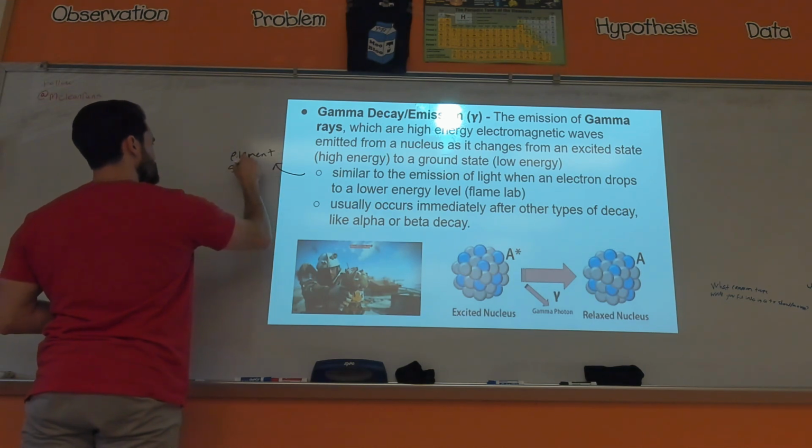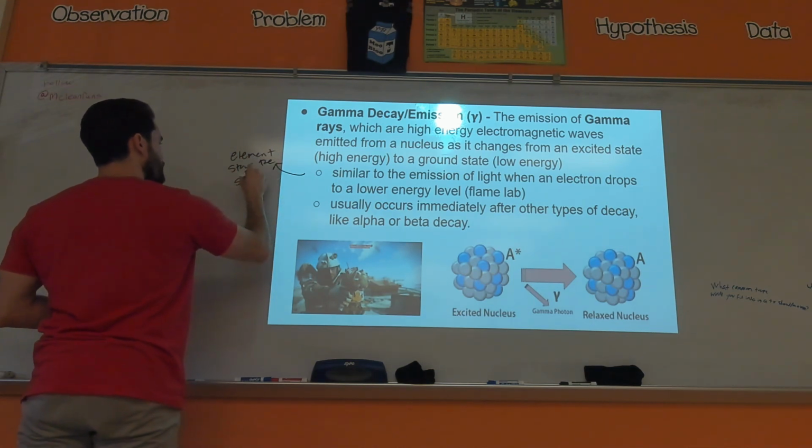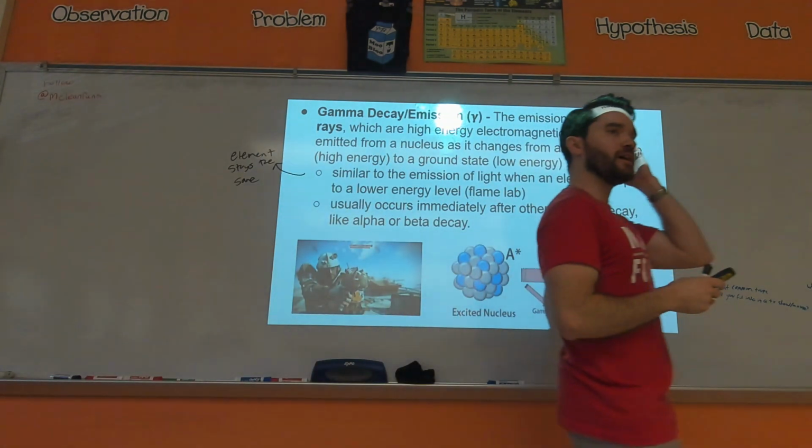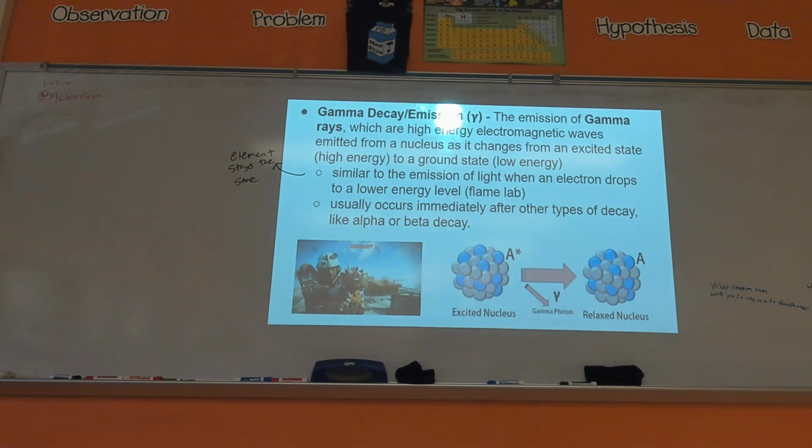Now, the rest of these bullet points might be a little tough for you to understand right now because we haven't done the flame lab. The flame lab was that lab I was wanting to do with y'all, but I couldn't get enough safety agreements in. But basically what happens, if you were to take an atom and raise the energy of that atom, when it goes from a high energy state back to a low energy state, it can release energy in the form of light.